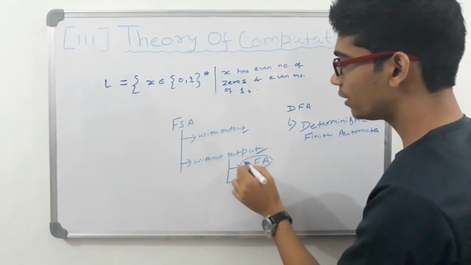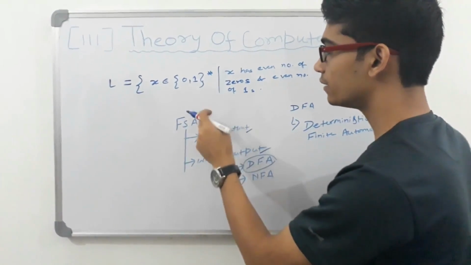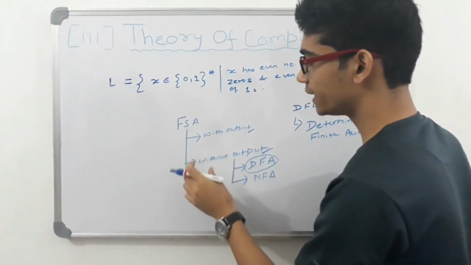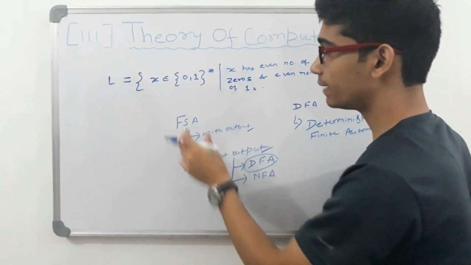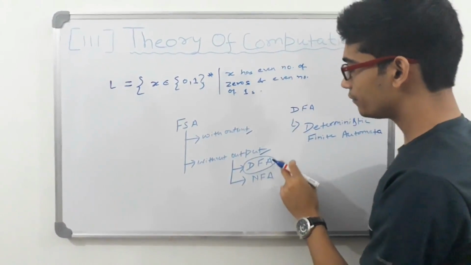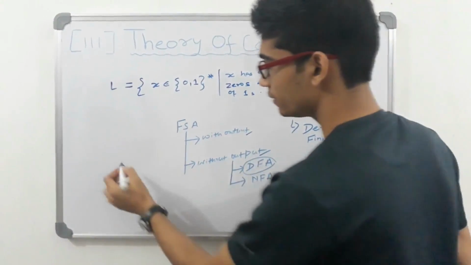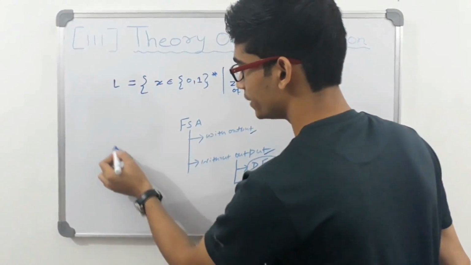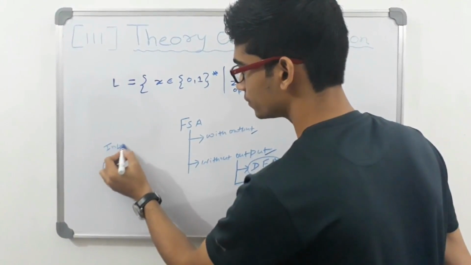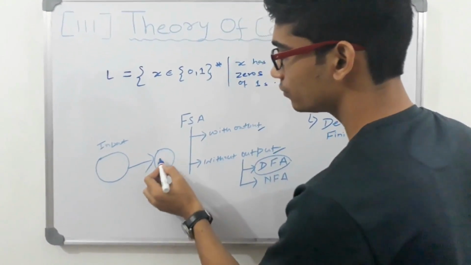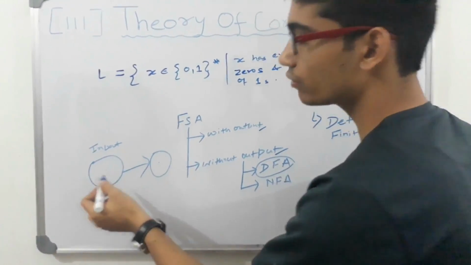Why without output? In the example done in the previous lecture, we only checked whether the language is accepted by that model or not. Here in DFA we are checking that, and we call it deterministic. Why? Because when we have a state and some input, we know that we either go to this state, remain in this state, or go to some other state.